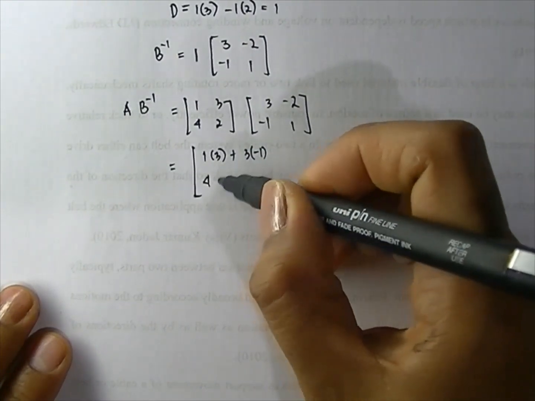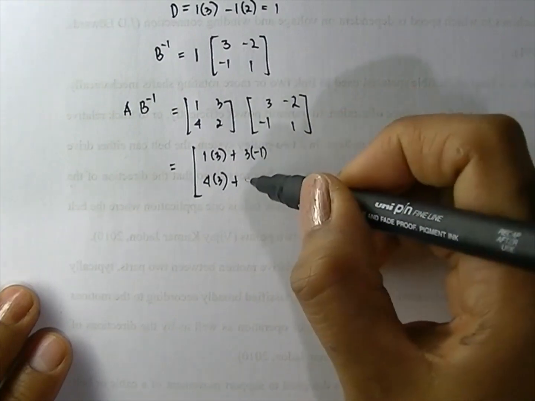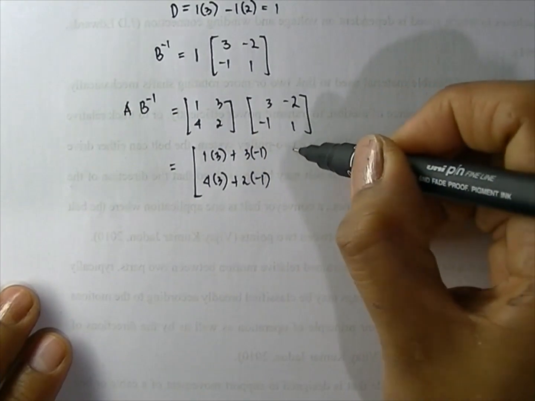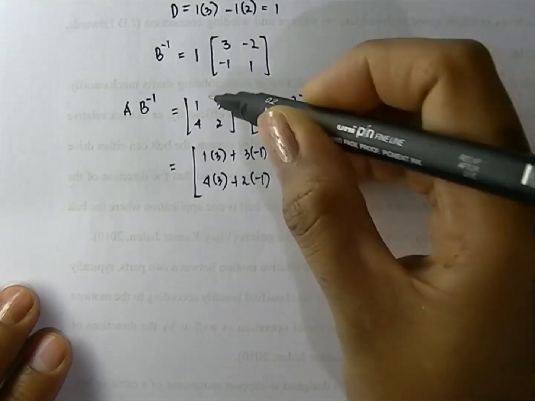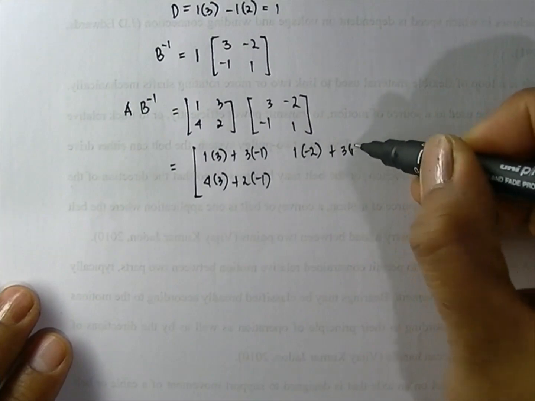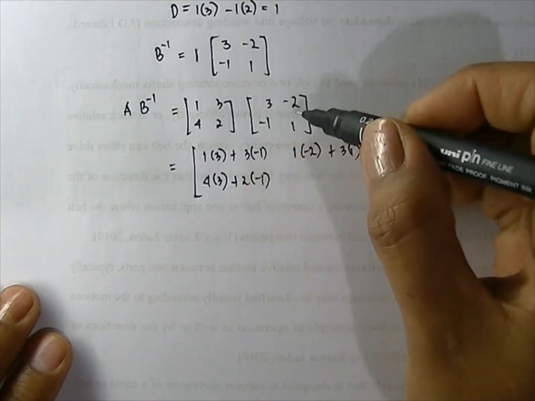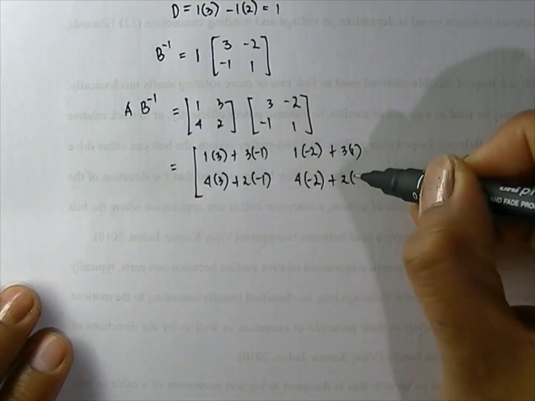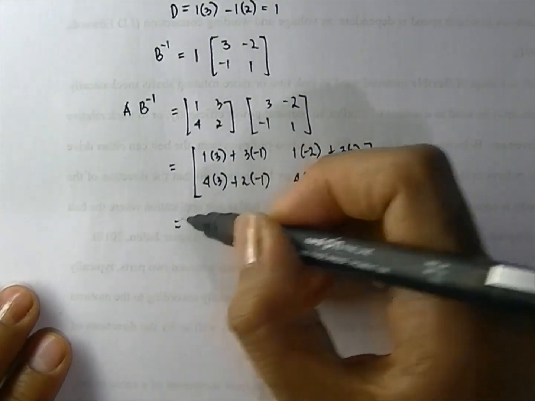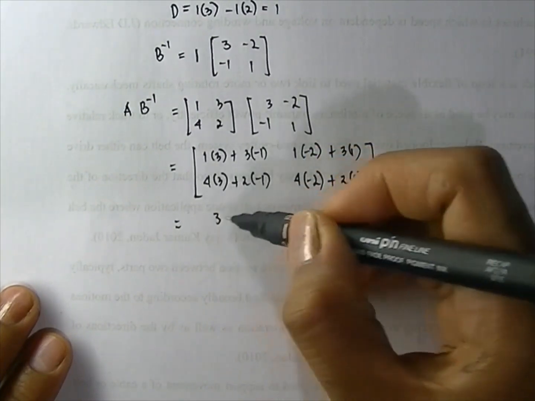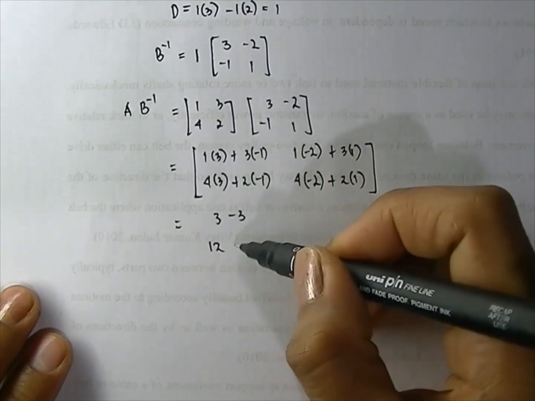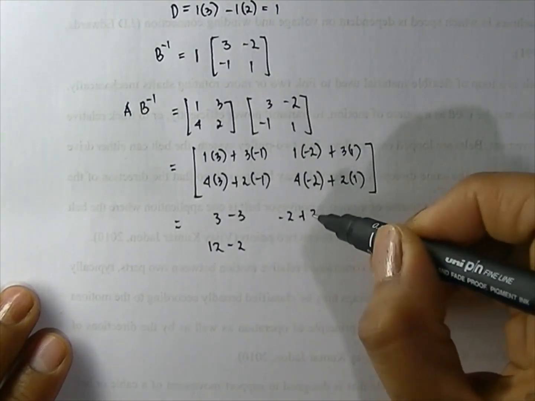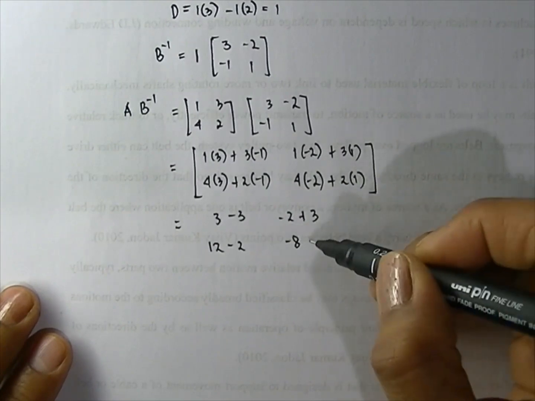And 4 times 3 plus 2 times negative 1, and 4 times negative 2 plus 2 times 1. So, we have 3 minus 3, negative 2 plus 3, 12 minus 2, and negative 8 plus 2.